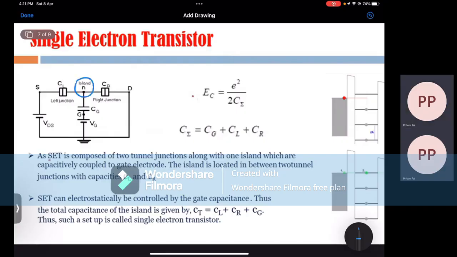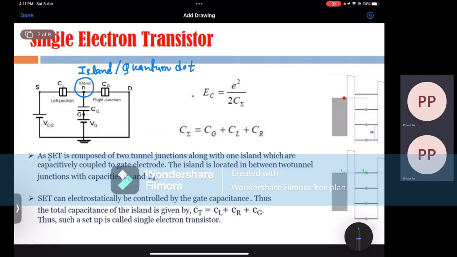This is the island. The resolution of the picture is not that great, but anyway we need to adjust with it. This is the island. I'm re-mentioning this again. You can also call it the quantum dot. Okay, fine. So this is your quantum dot.